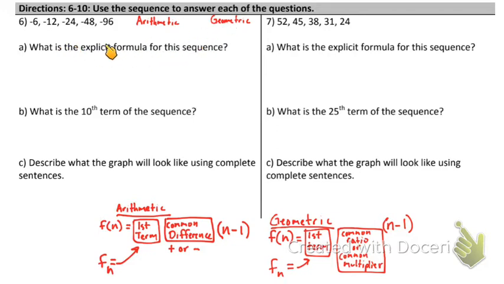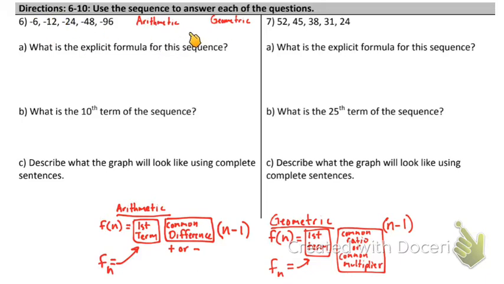Okay? I'm hoping most of you can look at these numbers, because they're pretty nice numbers, and understand how we're going to the next term. But I'm going to play devil's advocate, and I'm going to say, you know what? I can't really see how we're going to the next term. And I want to show you how you can test whether it's arithmetic or geometric.